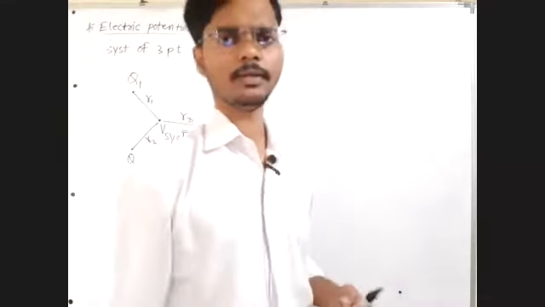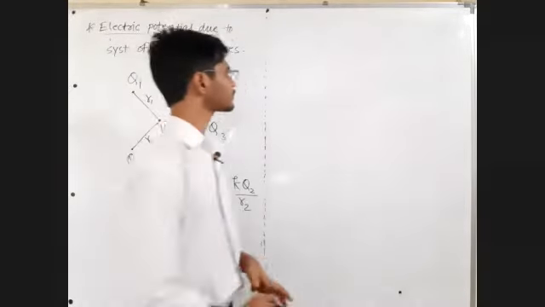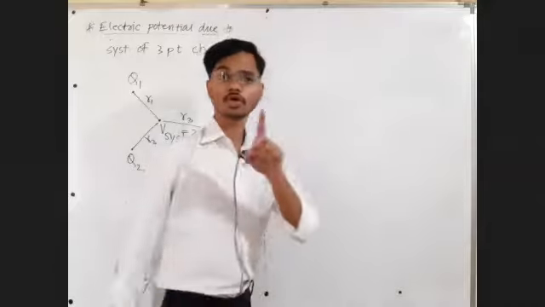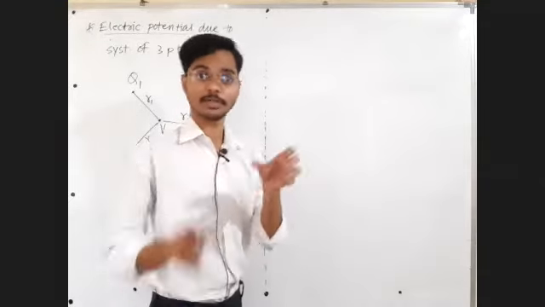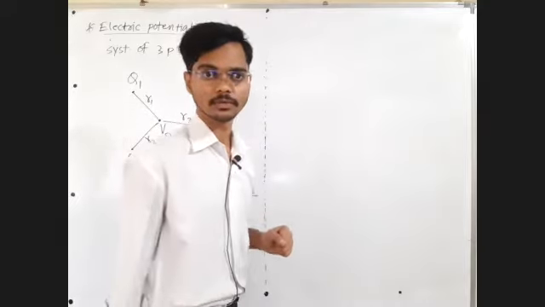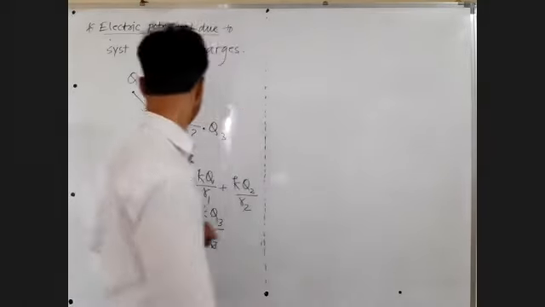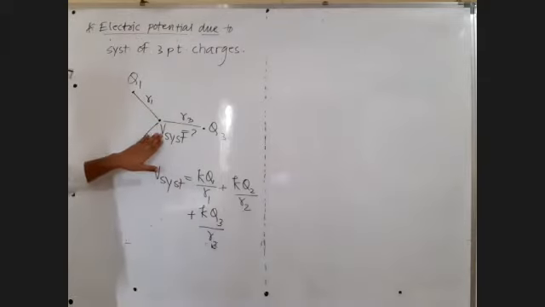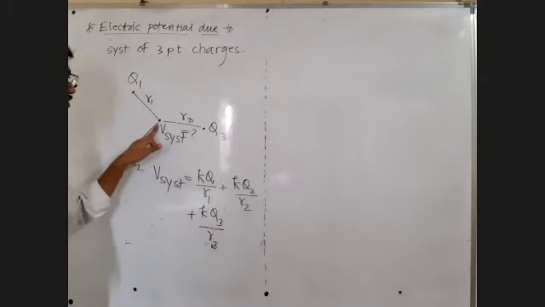Let us use the words or phrases properly. Force, force on the charge, force by the charge, but basically that force is in between the two charges. Sir, you wrote V of the system. That means potential because of this system at this point.